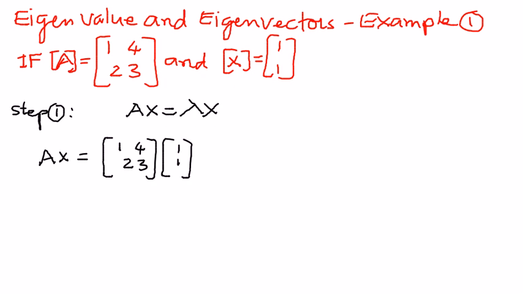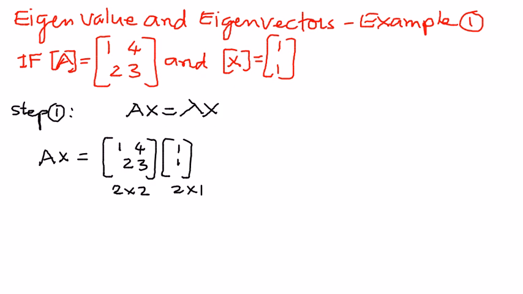So we're going to use our matrix multiplication method to simplify this, and to do that, we're going to see if the multiplication is possible. Matrix A is a 2 by 2 matrix, and the matrix x is a 2 by 1 matrix, isn't it?